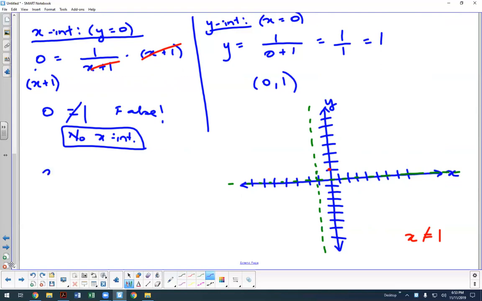Okay, so let's see what kind of points we can use in our table so we can plot them. Probably do -3 and -2 on the other side of our vertical asymptote. We already know at 0 it's 1, which is where the y-intercept is. Even though I technically cannot use 1, I still need to know where my point is going to be.